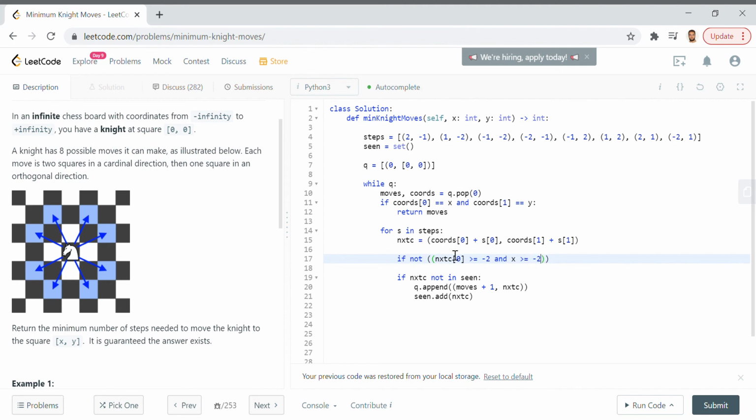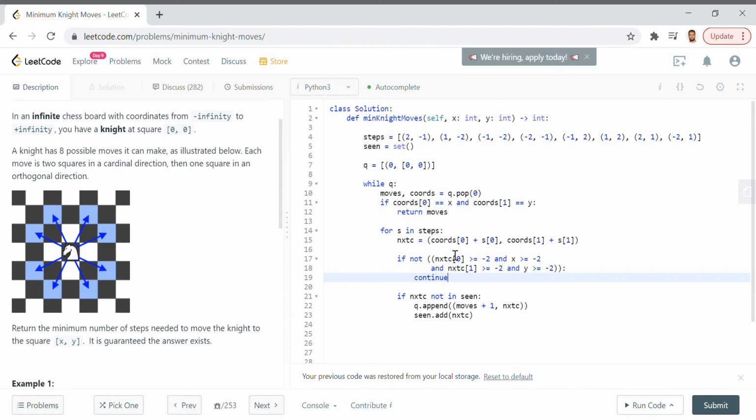This will handle for any moves downward, and NXTC 1 is greater than or equal to -2, and y is greater than or equal to -2.